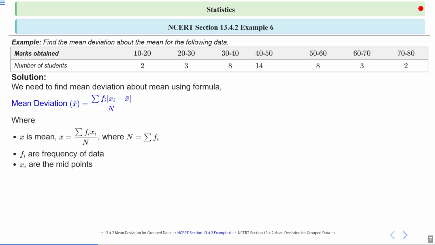Here x bar is the mean and x bar equals summation fi into xi divided by n, where n is summation fi, and fi are the frequencies of the data and xi are the midpoints.